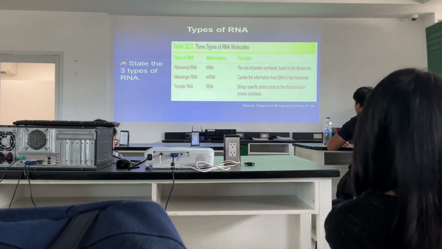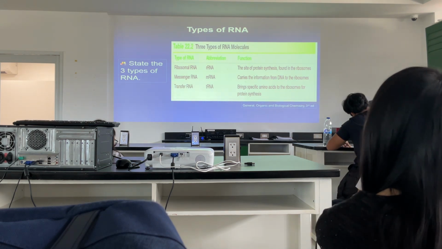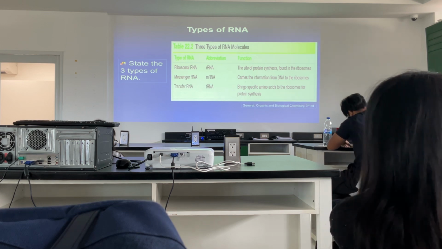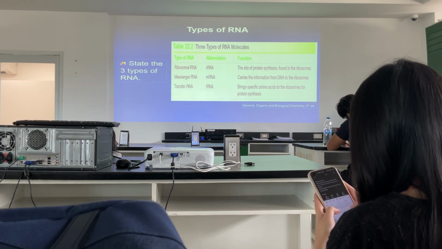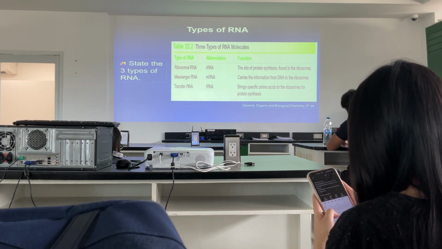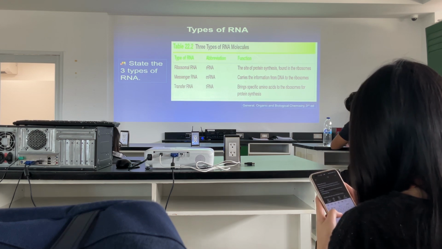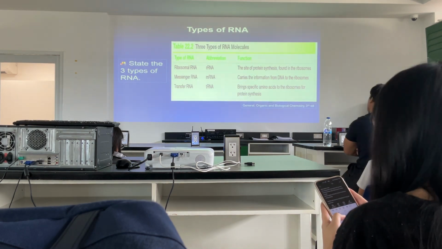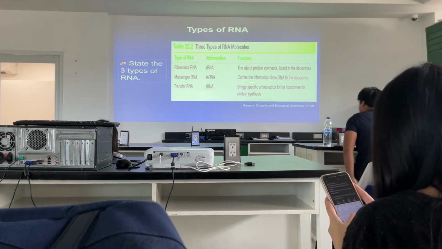Messenger RNAs are formed by a process we call transcription. Again, the DNA will serve as a template in the synthesis of mRNA, and mRNA now dictates the synthesis of protein in the ribosome.